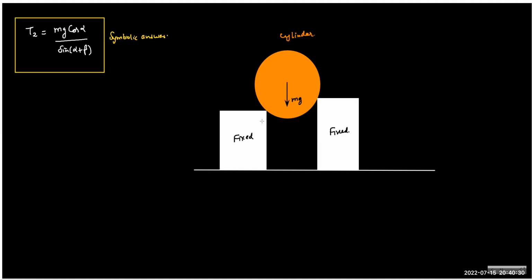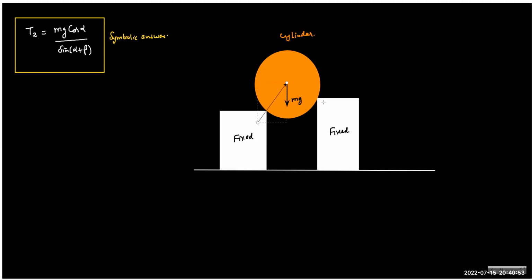And the force, if you extend its direction, will pass through the center. Why? Because if you draw any perpendicular to that circle, it will be passing through the center. That's the angle between the tangent and the radius, right?